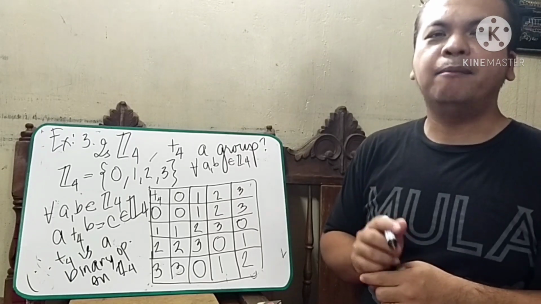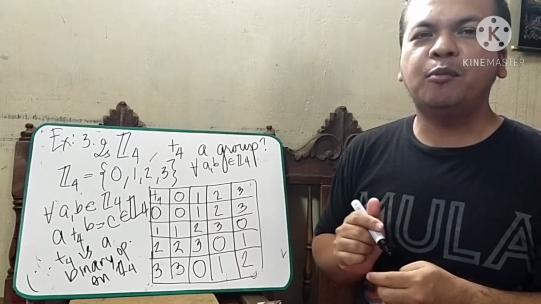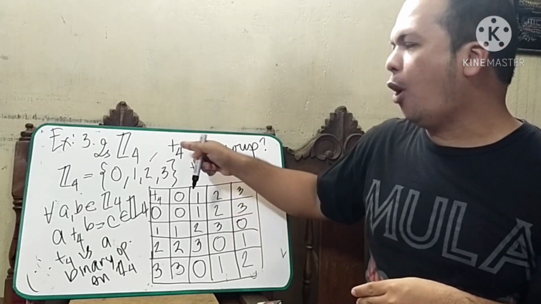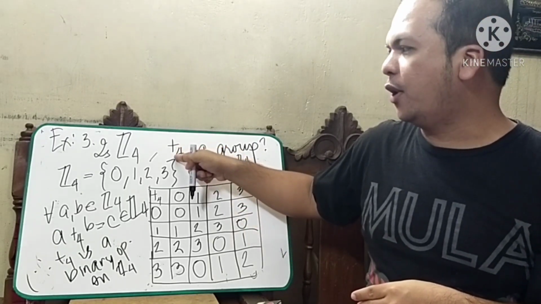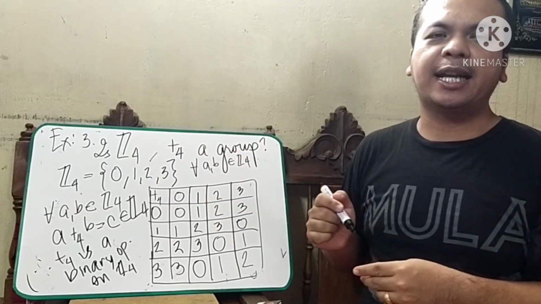So, yan muna, bago tayo pupunta sa properties ng group, kailangan muna natin i-test kung yung operation na yon doon sa Z sub 4, doon sa set na yon, is a binary operation.